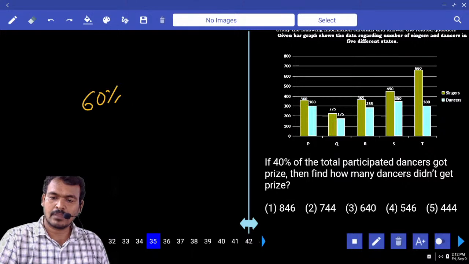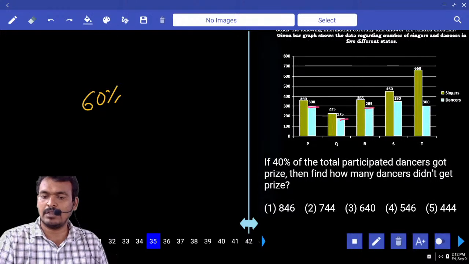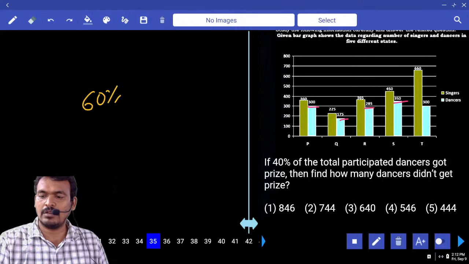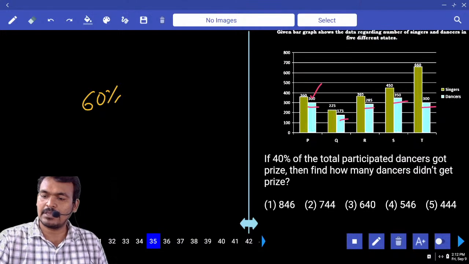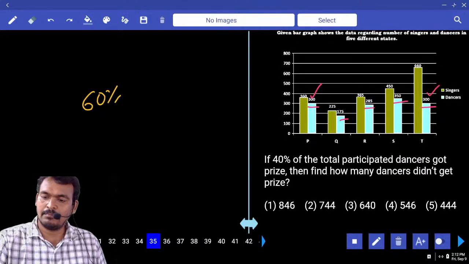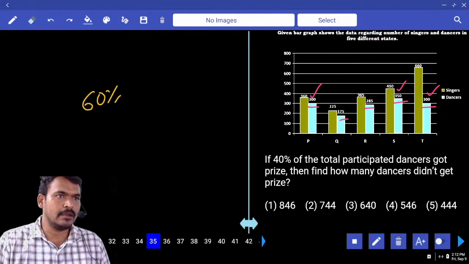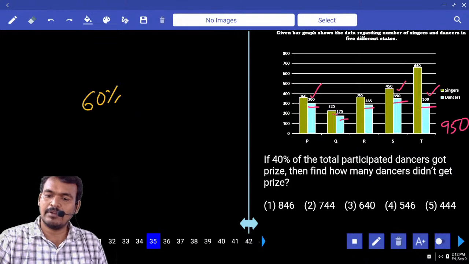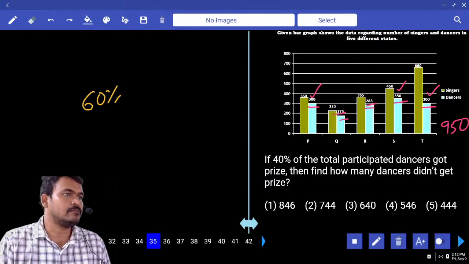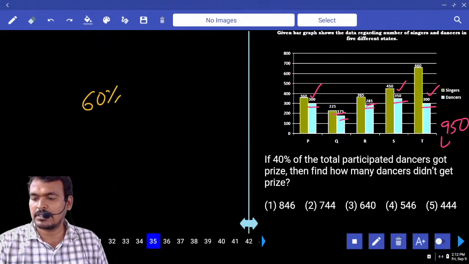What is the first one? 300. Second one 175, third one 285, fourth one 250. Last one 300. 300 plus 300, 600 plus 350, 950, or not? 950. 950 plus 175 plus 285, 460, or not? 460.